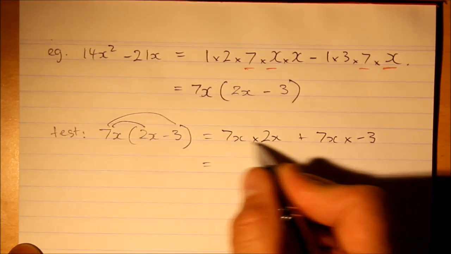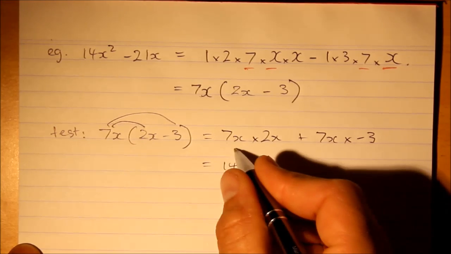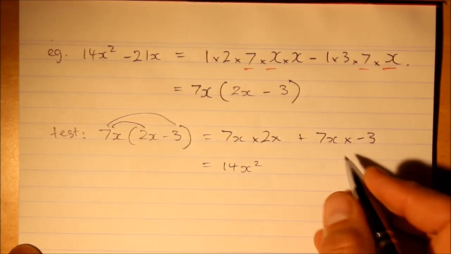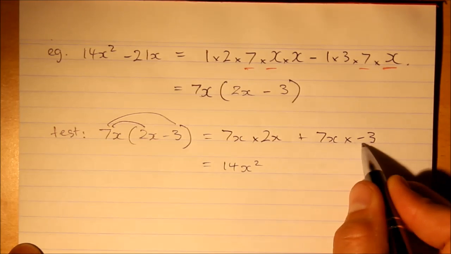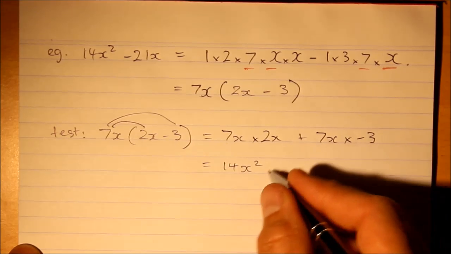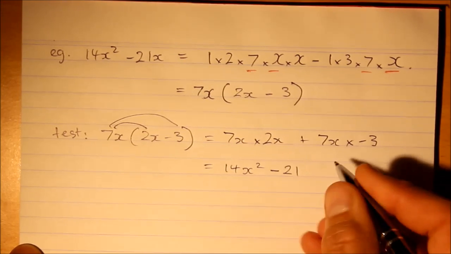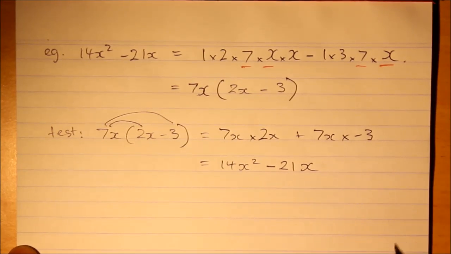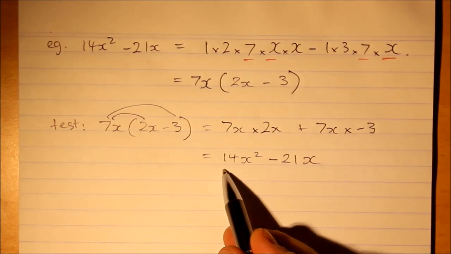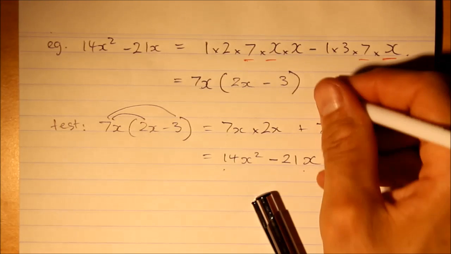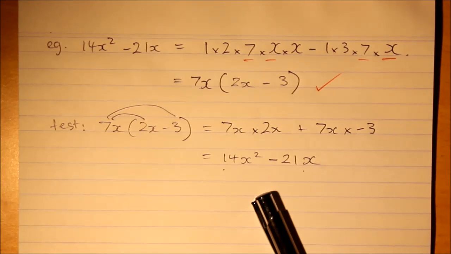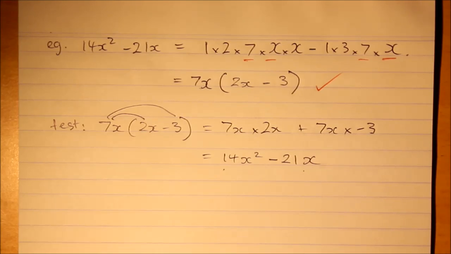So 7, you do the coefficients here, that's 14, and the x's, x squared, and the coefficients here, well, -3 times 7 is -21, and x left there. And you can see that this answer here is what we started with, so you can go ahead and give yourself a tick for that, because that answer is correct.